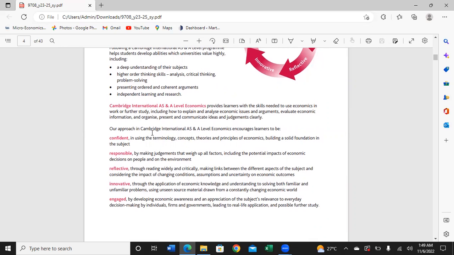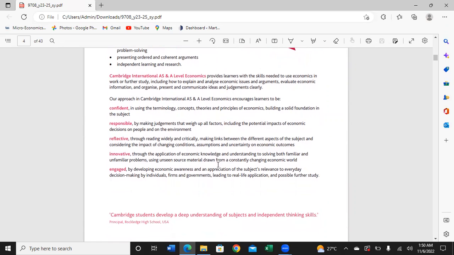So they are confident in the sense they use the terminology, concepts, theories, and principles of economics, building a solid foundation in the subject. Responsible by making judgments that weigh up all factors, including the potential impacts of economic decisions on people and on the environment.